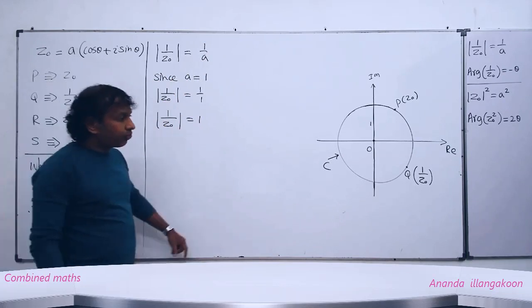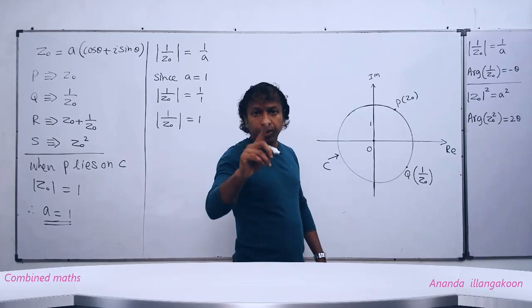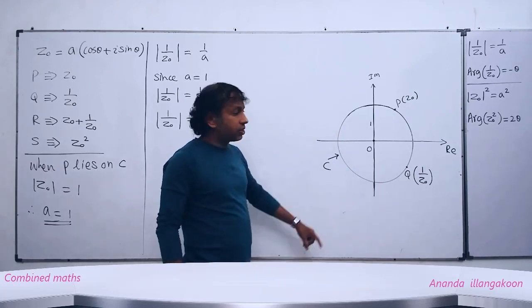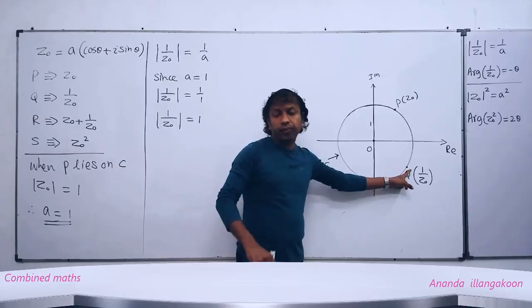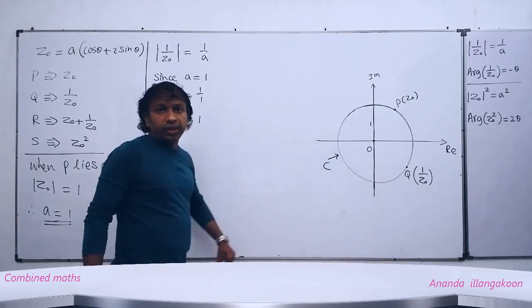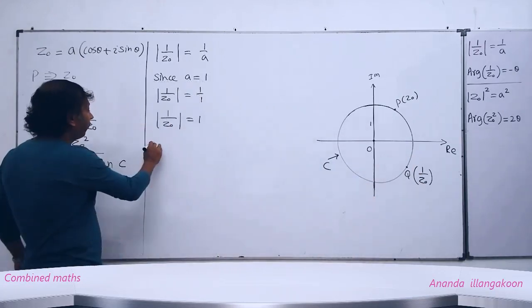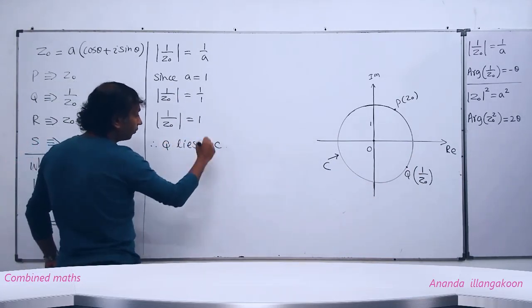The modulus of this complex number 1 upon Z naught is 1. That means the distance from the origin to this point Q should be 1. Therefore, Q should be on the circle because the circle has radius 1. Therefore, Q lies on C.